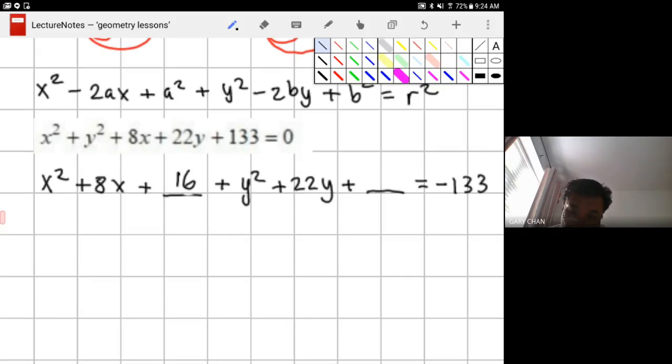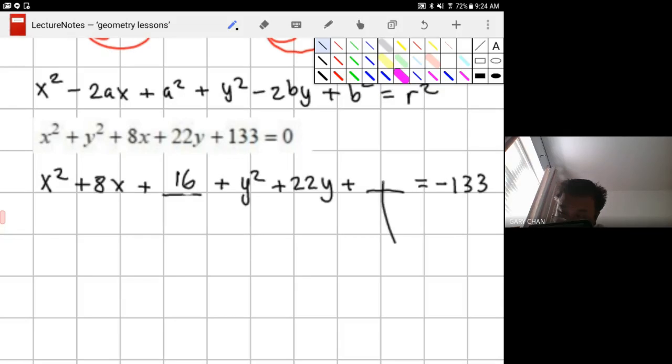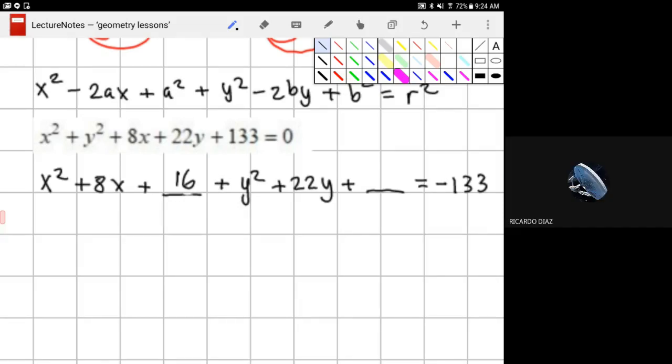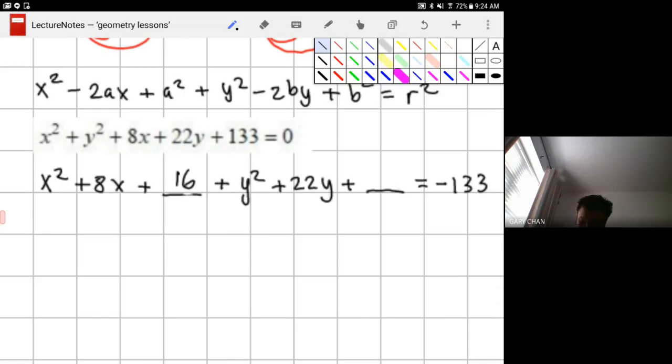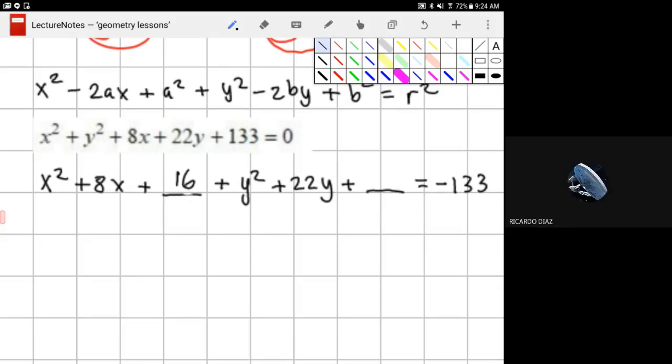With the same approach, we're going to figure out the number over here. We're going to complete the square. So I have 22y. Ricardo, do you remember how to complete the square? No, I don't.